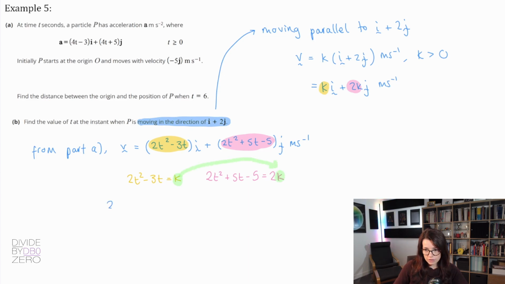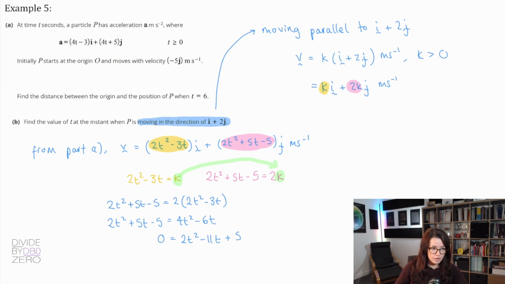So that would give me 2t squared plus 5t minus 5 equals 2 times (2t squared minus 3t) instead of k. Can then expand and simplify. Move everything over to one side, so you get a nice quadratic equal to 0, which you can then solve however you like, and you get t equals a half or t equals 5.